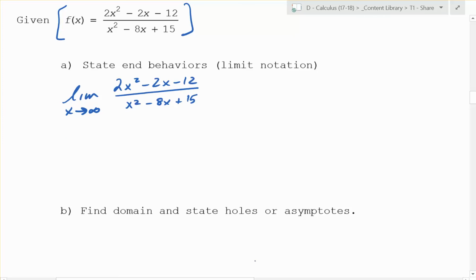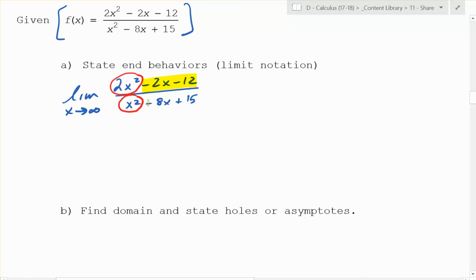So remember, infinity is a concept, not a number. It's infinitely big. So when you're plugging something infinitely big into this expression, what are the only terms that are really going to matter? Meaning, which terms are going to get so large that the other ones are going to be infinitesimally small? Well, those are going to be the terms that contain x squared, because x squared is going to get so much bigger than everything that has a lower power.